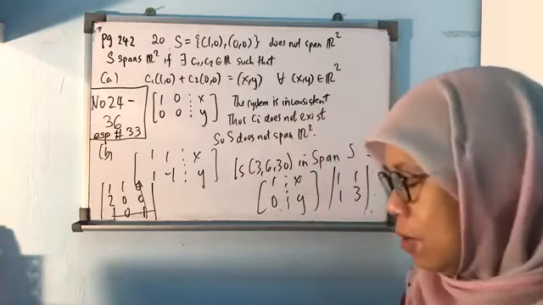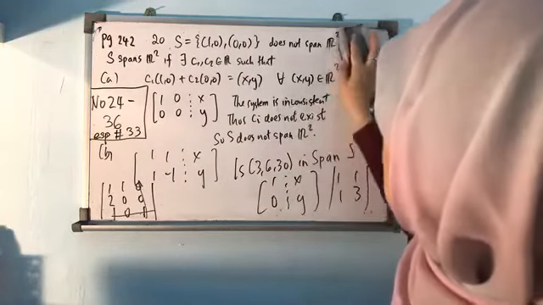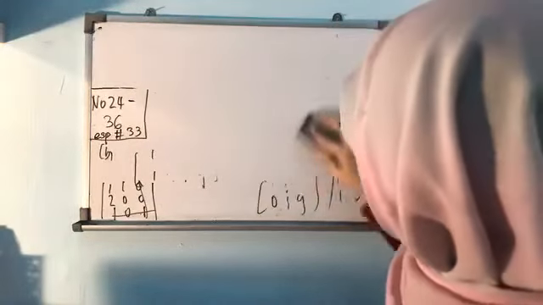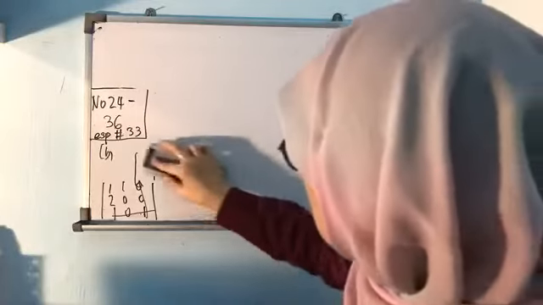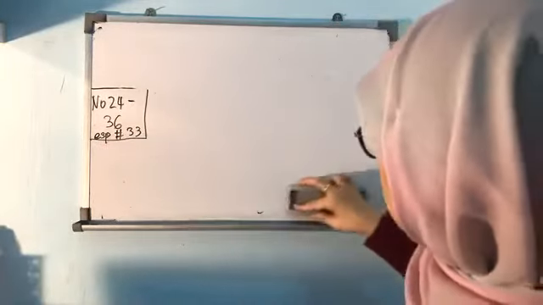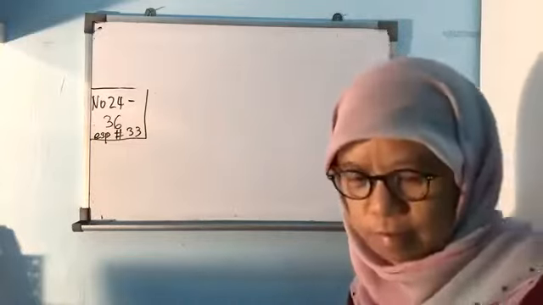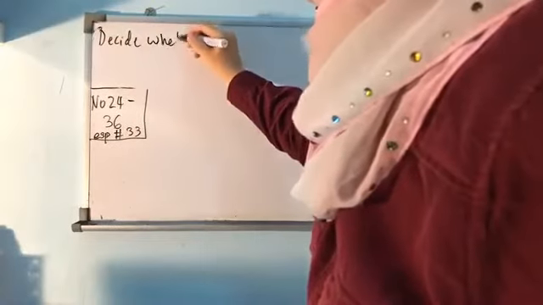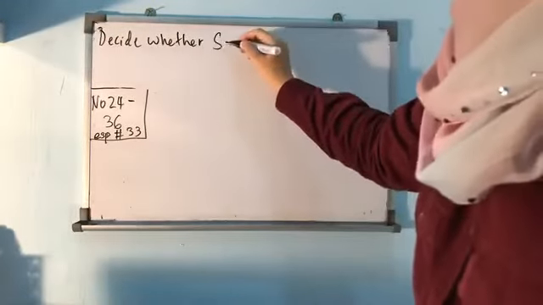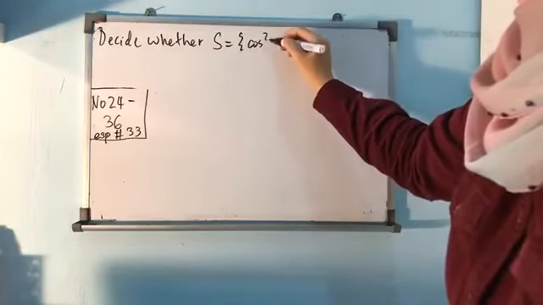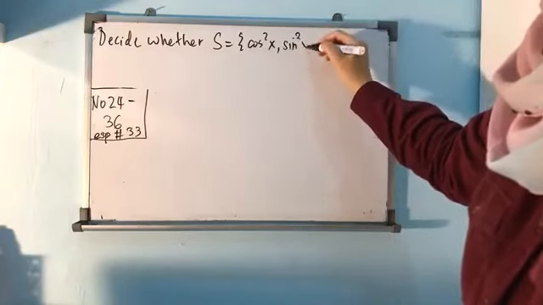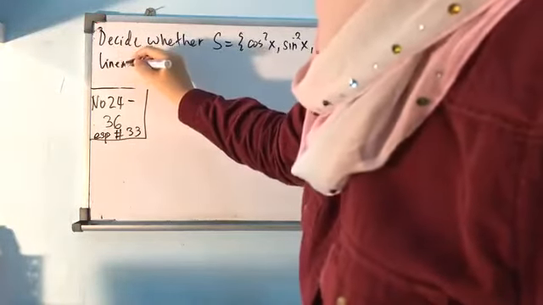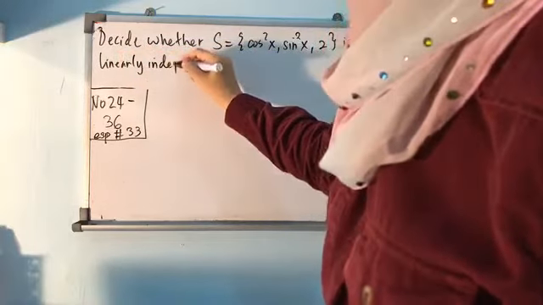I mentioned earlier that we don't do functions for basis, but we can do linear combination with functions. Let me give you one example. Decide whether S is cosine squared x, sine squared x, 2 is linearly independent or not.